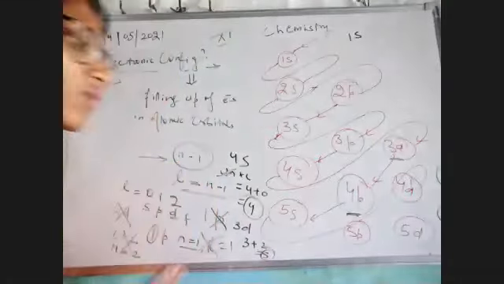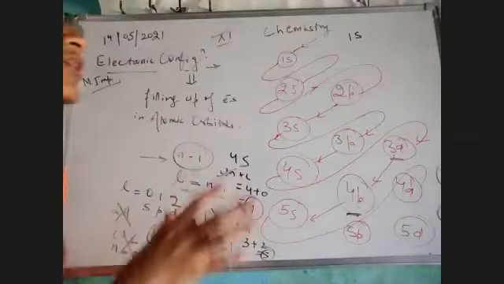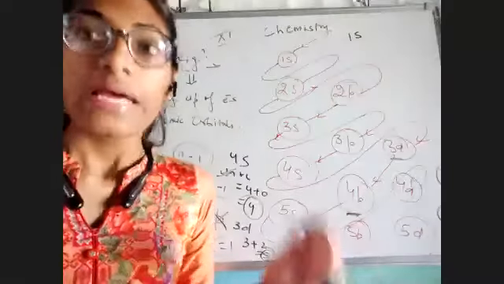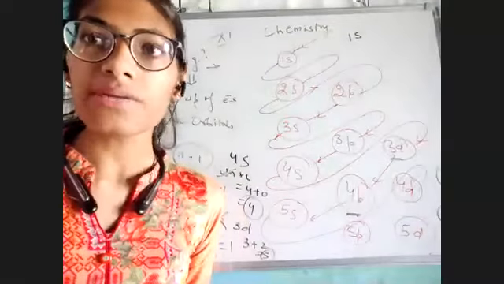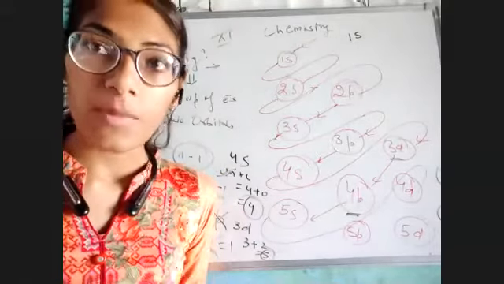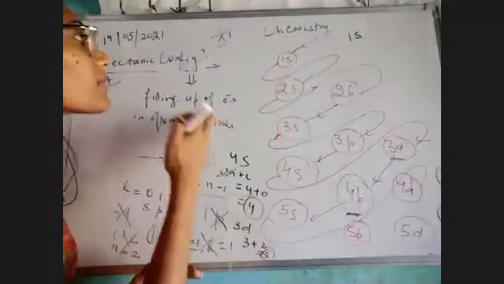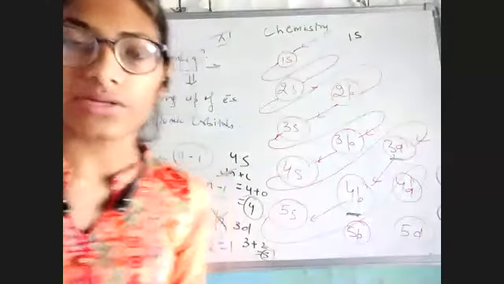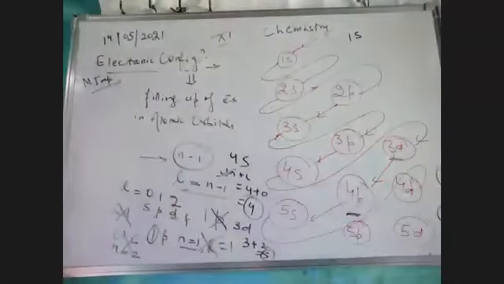Now I have given you the idea of how we can fill our electrons in increasing order of atomic orbitals. Now we are going to begin with the topic of how we fill and represent our electronic configuration.